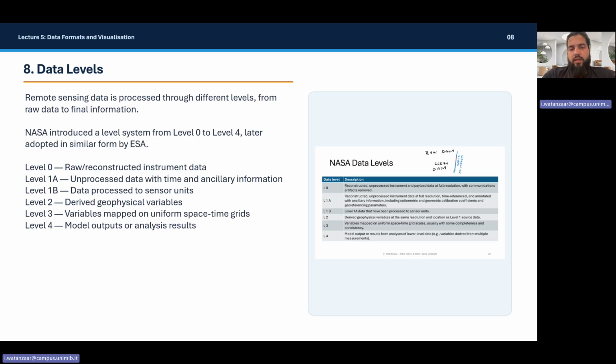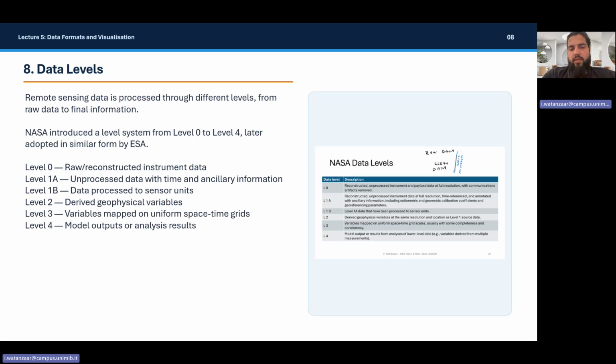The data is still unprocessed, but with time and ancillary information, which is some more metadata about the data.